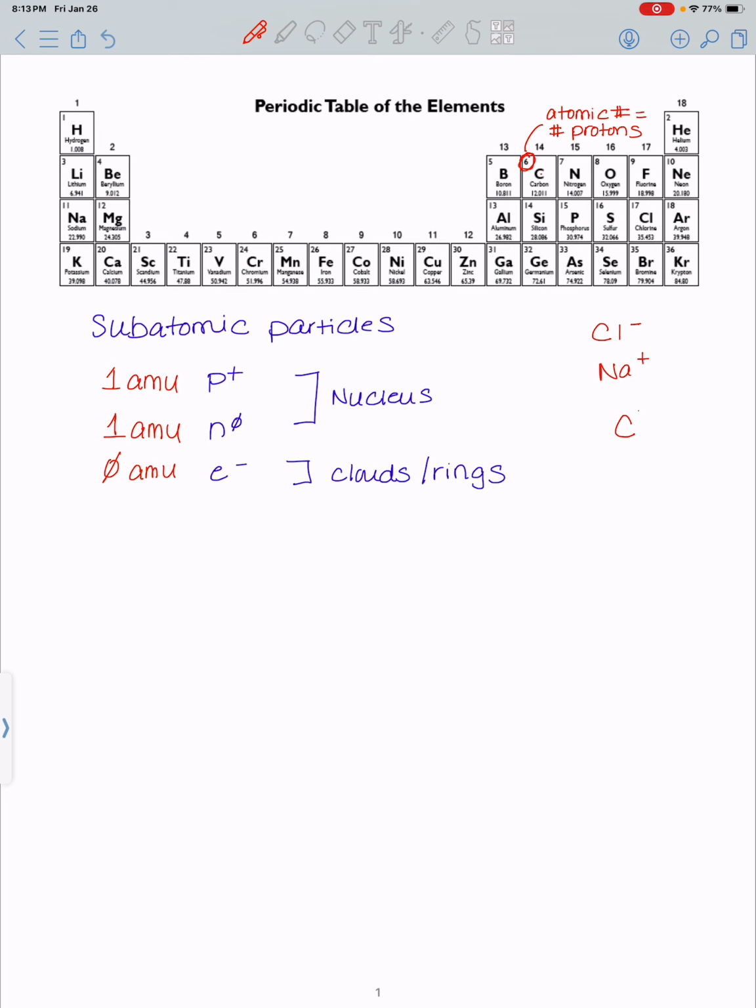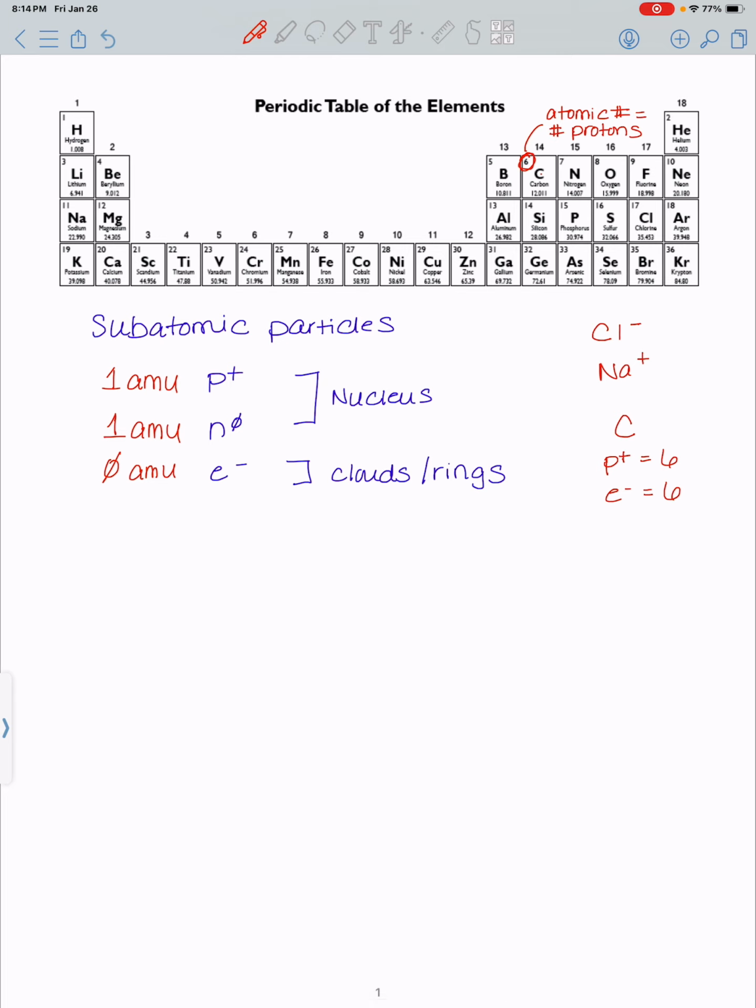So anytime we have an electrically neutral element such as carbon, the protons, or the atomic number, which you can find and reference here, we know the number of protons is equal to 6. It's electrically neutral. It doesn't have any charge. So therefore, we have to balance that out with the same number of electrons.